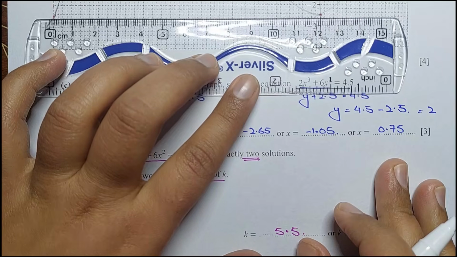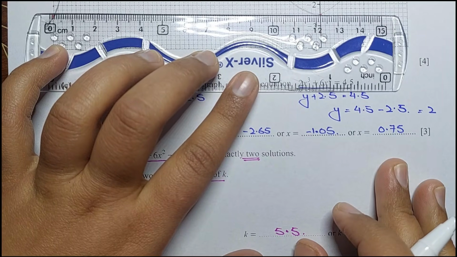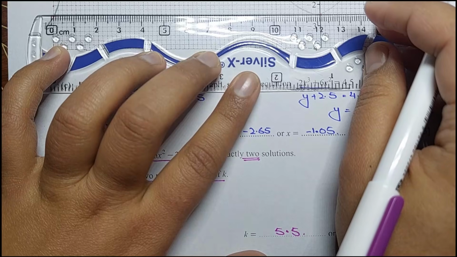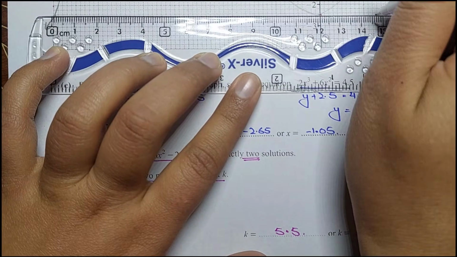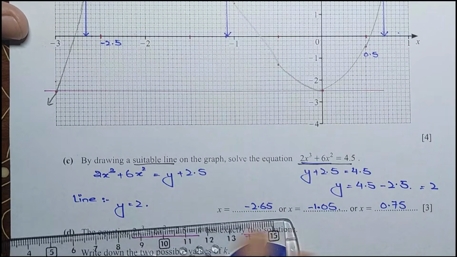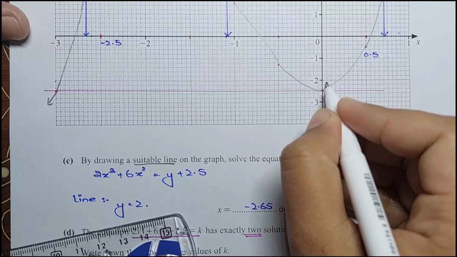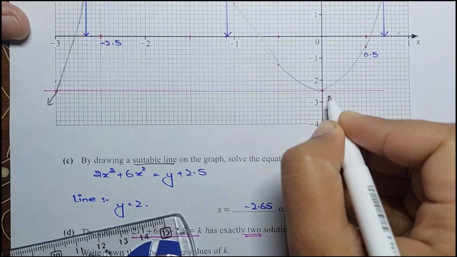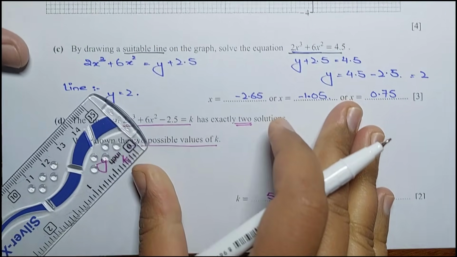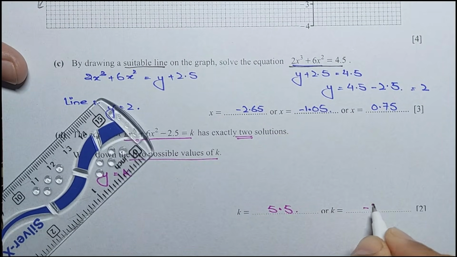Let me check. This will give you 2 solutions. It cuts the curve at 2 points. Yes. So this is negative 2.5. When y equals minus 2.5, it has 2 solutions.